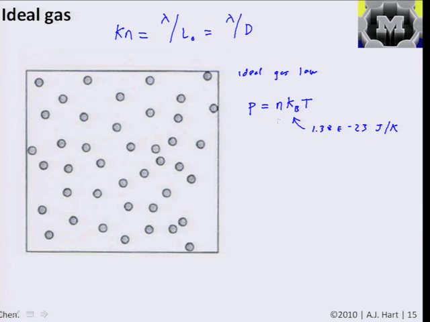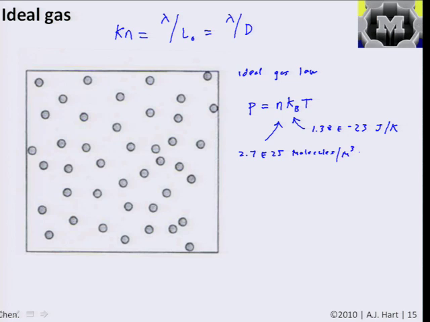And a typical value for the number density is, say, about 2.7 times 10 to the 25 molecules per cubic meter.